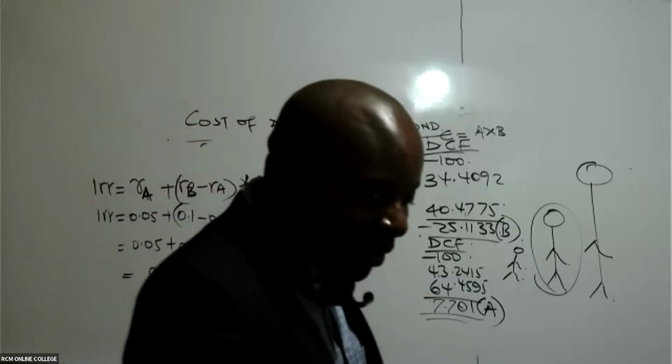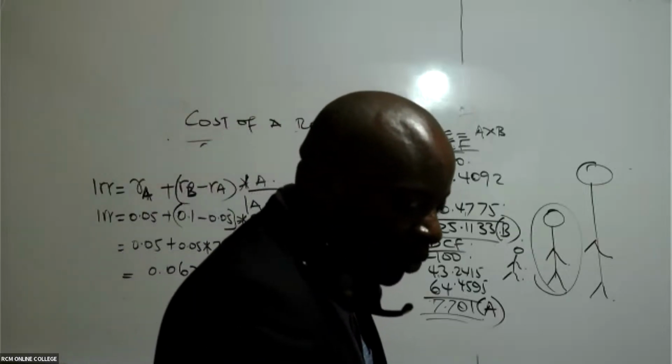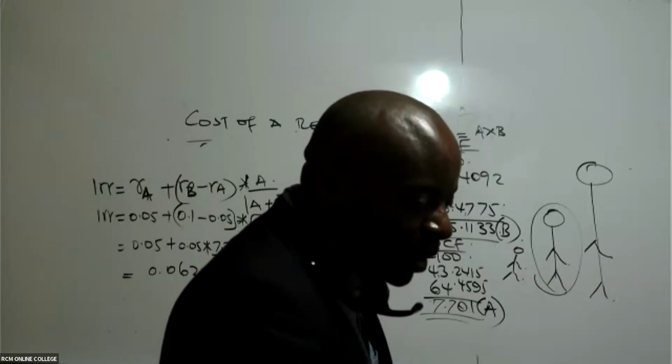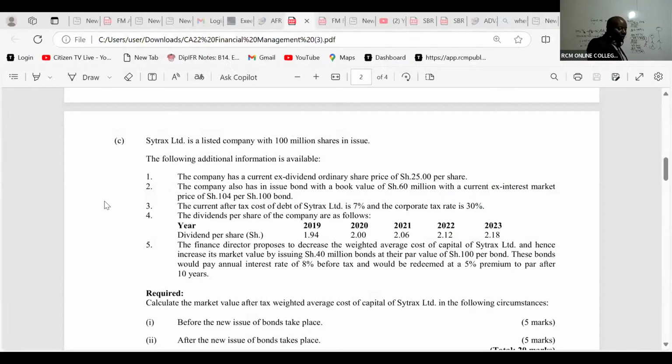All right. So then this is okay, but remember what they want us to do. This examiner was a great examiner. What this examiner wanted my students to do was to calculate the WACC in the following circumstances after the issue of the bond.